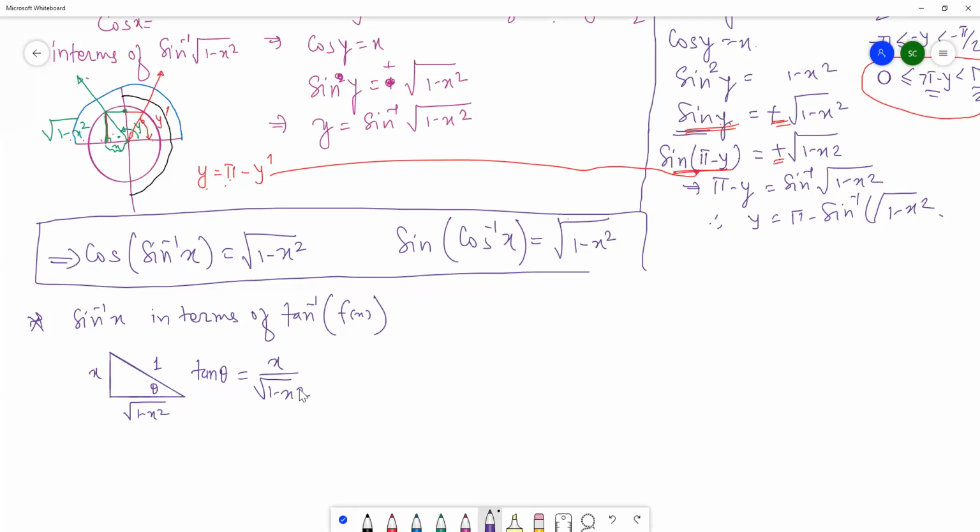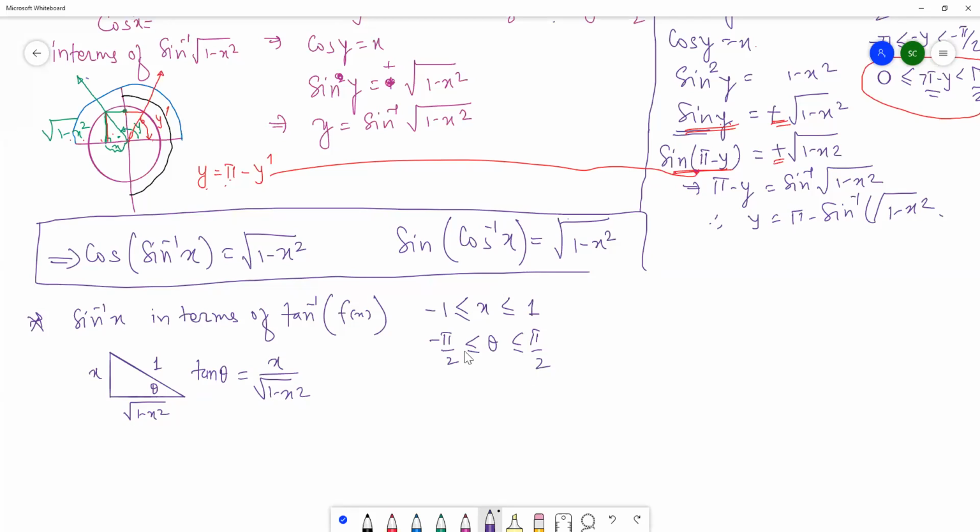Okay, and whenever minus 1 is less than or equal to x is less than or equal to 1, theta is between minus pi by 2 and pi by 2. The only problem here is at pi by 2.